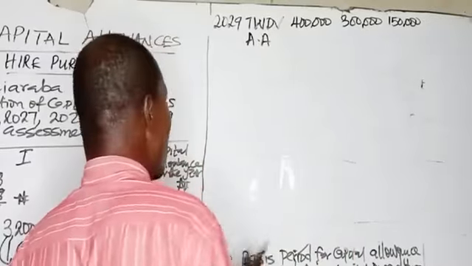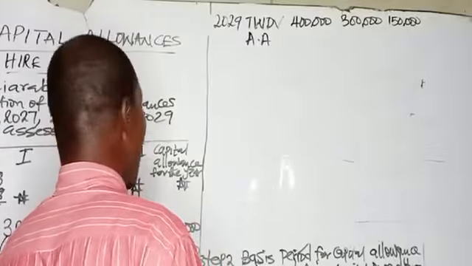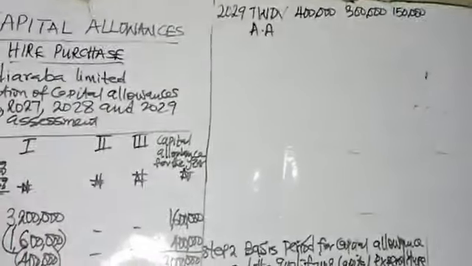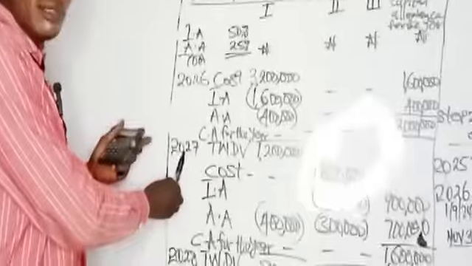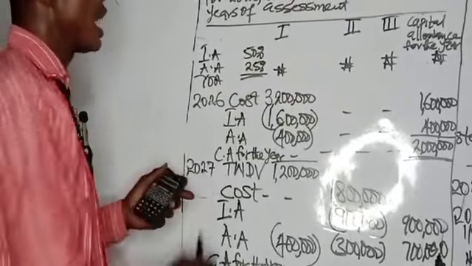Now, let's have the annual allowance. Since no asset qualifies in 2029 year of assessment, we only have annual allowance. There will be no initial allowance. So now, 2026, 2027, and 2028 have expired. That means 3 years have expired out of 4 years.